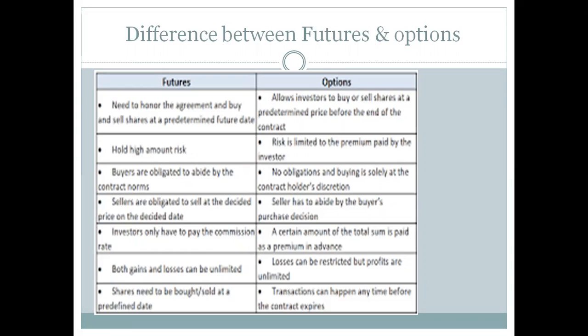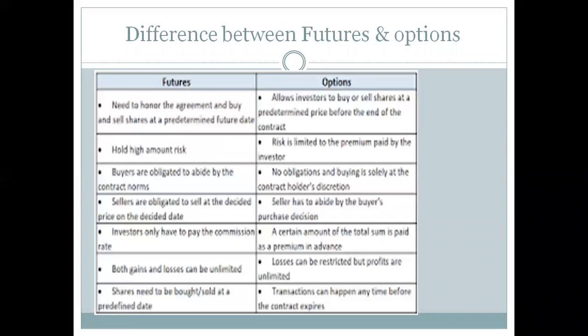Here in options, a certain amount of the total sum is paid as a premium in advance, that is to book the option contract. In futures, both gains and losses can be unlimited, but in options, gains are unlimited and losses are limited.